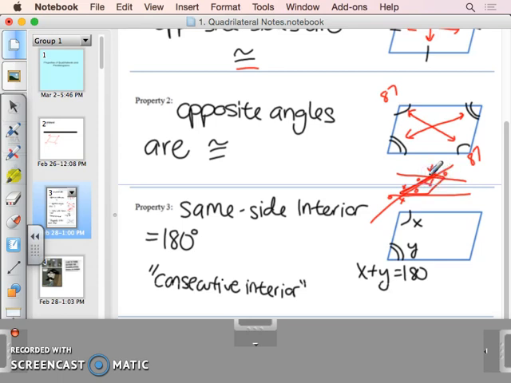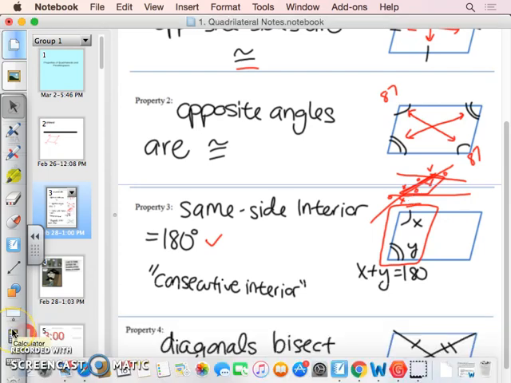And you'll notice that they're not going to be congruent to each other, but they're going to add up to 180 degrees. So we call them supplementary. So that's why I wrote here, if you take angle X and add it to angle Y, it will always equal 180 degrees. And that's one of the properties of a parallelogram.